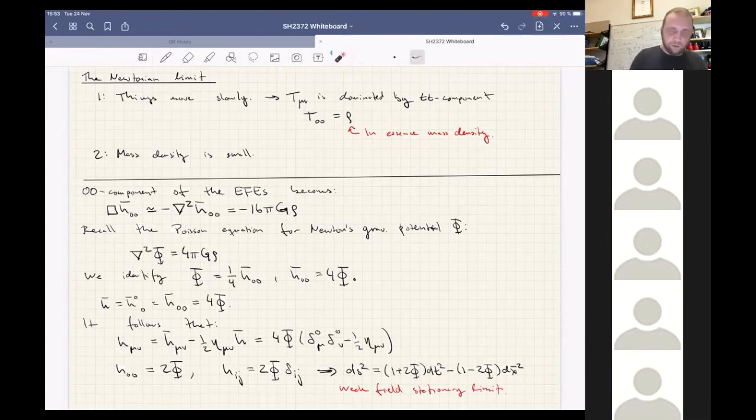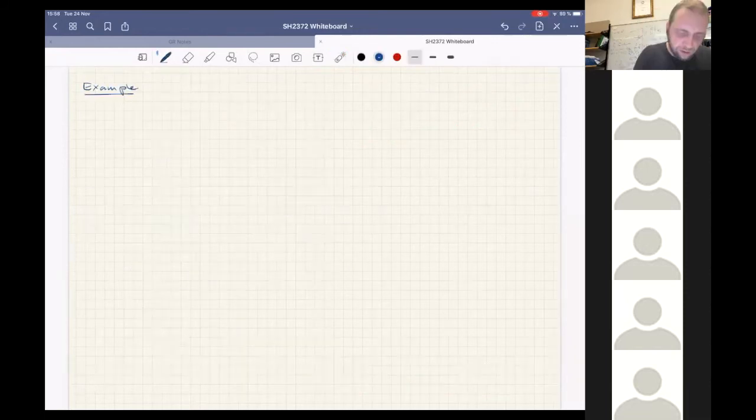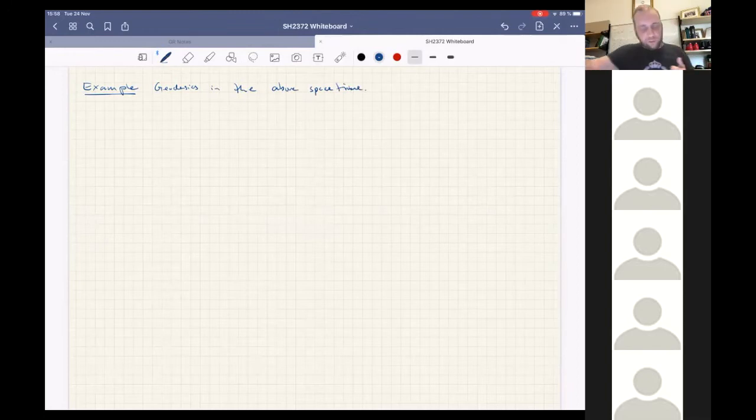So apart from the assumption of having a weak field, we have assumed that T mu nu is dominated by the mass density, and that things are moving rather slowly. So this is geodesics in the above space-time. And I'm now going to assume that we're outside of this mass distribution.